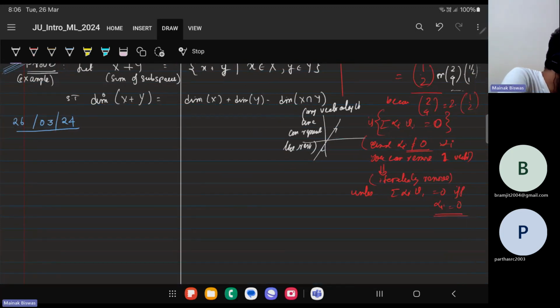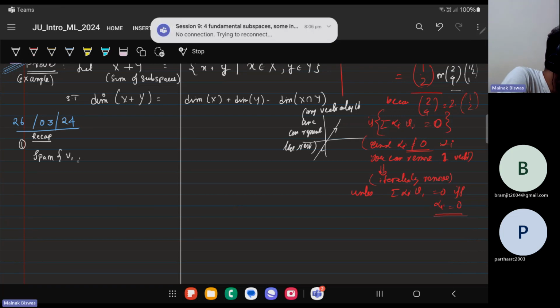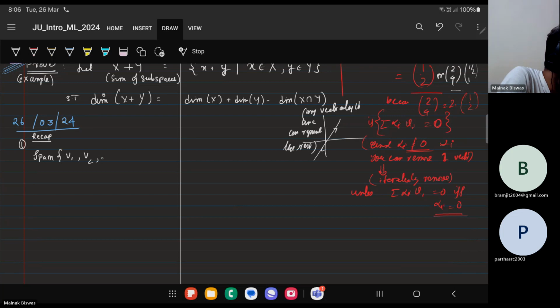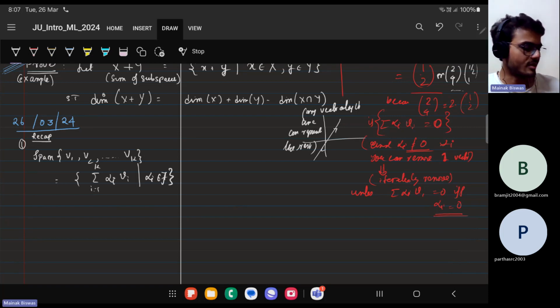We said two things last time: that the span of a set v1, v2, up to vk is nothing but the set of all linear combinations of them, and we had shown that this is true geometrically as well.